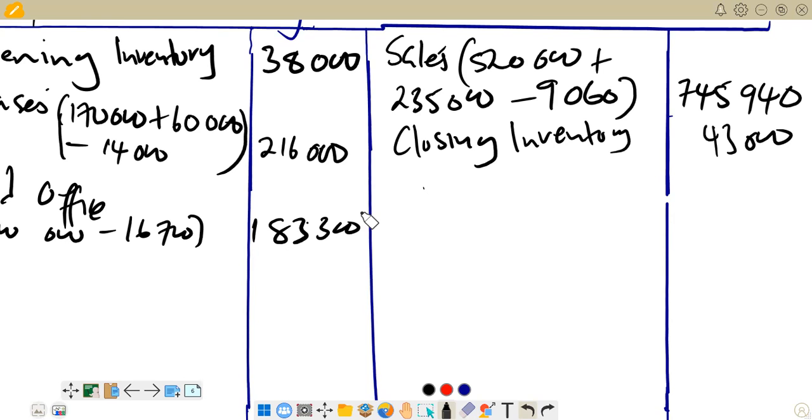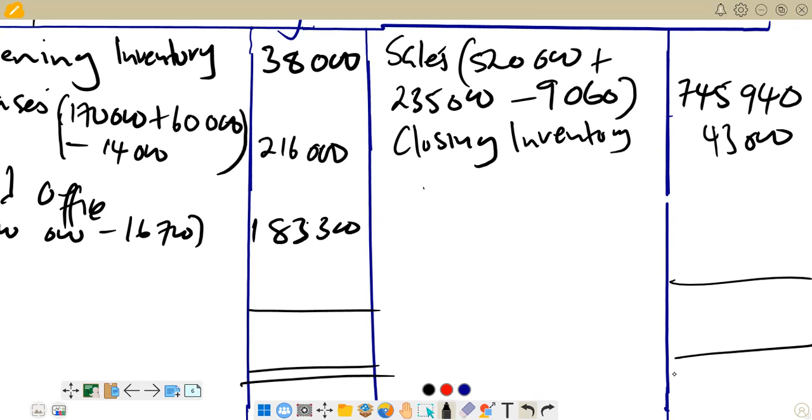So it's the one that's supposed to come in between the double lines. So here we are going to put our double lines, and we are saying the total of the credit is the greater one, so it comes in between the double lines. And if you add there, the total of the credit side is 788,940.